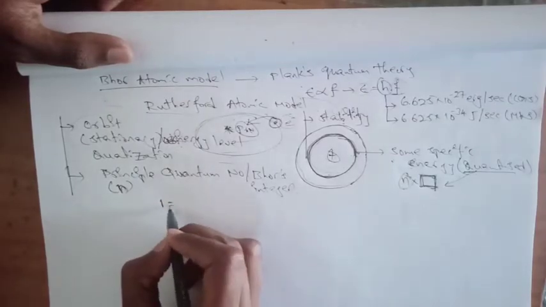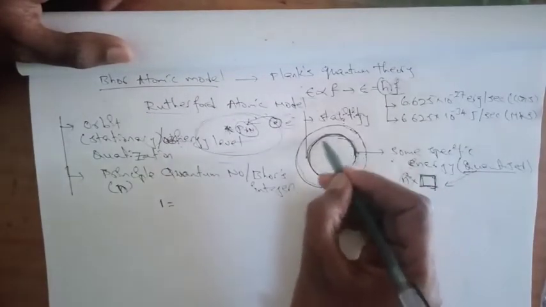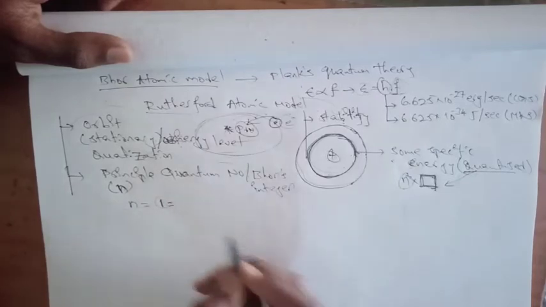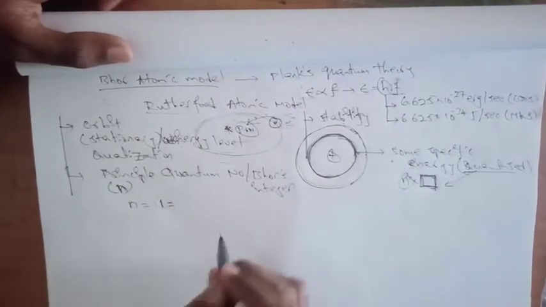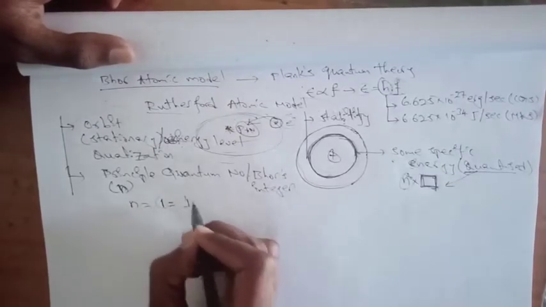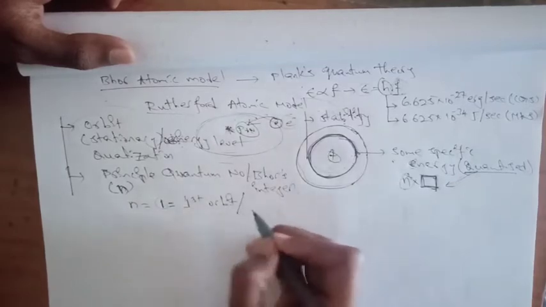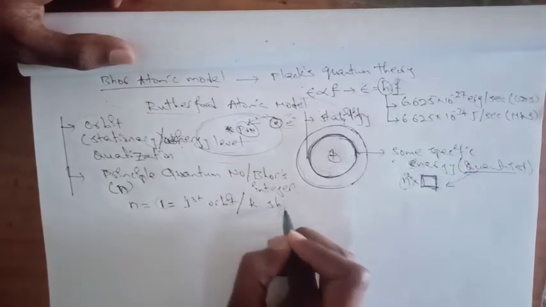If the orbit has the energy level 1, that means n equals 1, and it is known as the first orbit. It is also defined as the K shell.